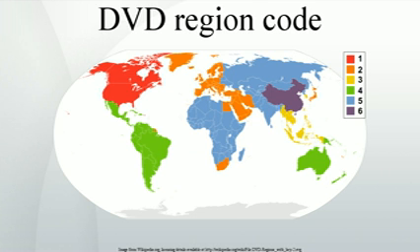The 8 regions each correspond to a value which is a power of 2. Region 1 corresponds to 1, 2^0, region 2 to 2, 2^1, region 3 to 4, 2^2, and so on through region 8, which corresponds to 128, 2^7. The values of each region that the disc is not encoded for are added together to give the value in the file.